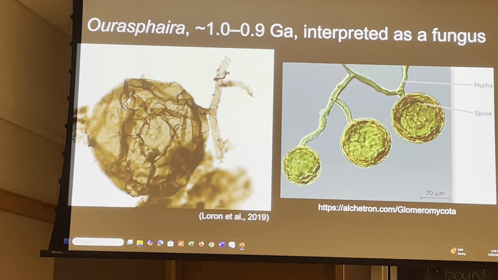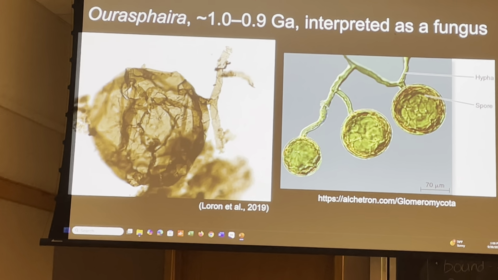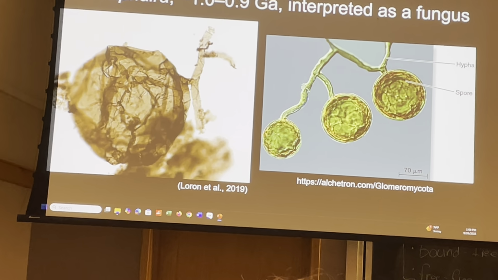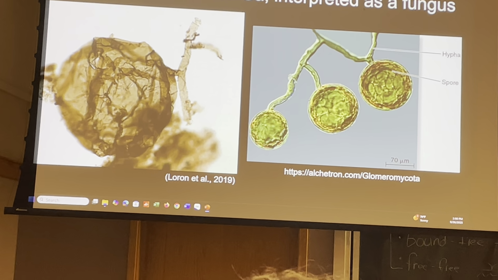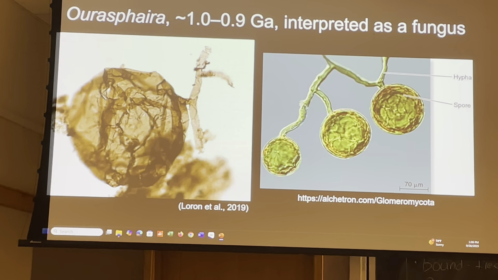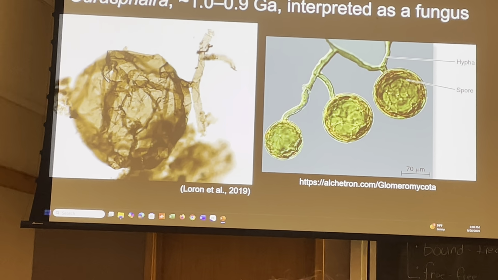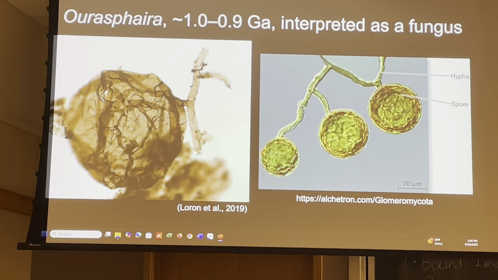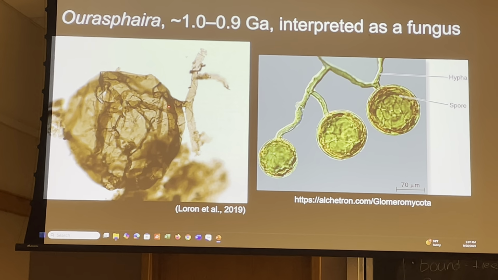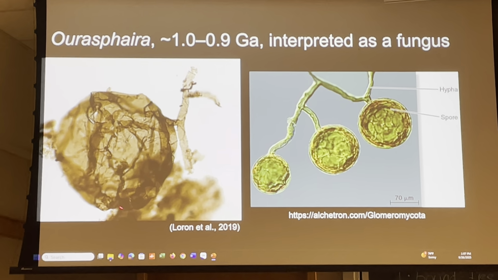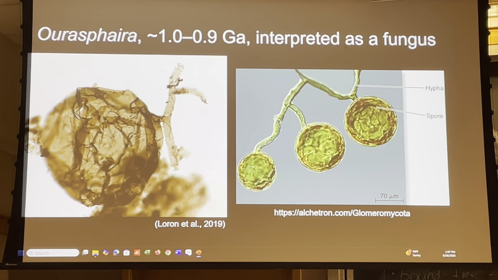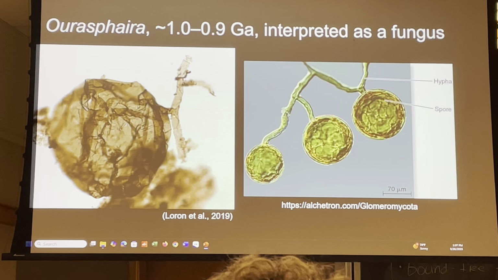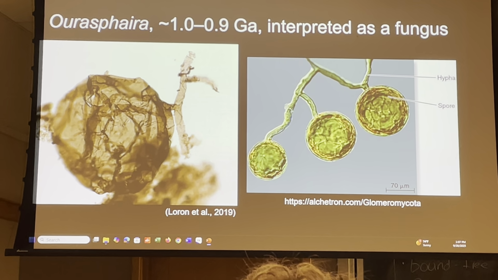Number four, so I've talked about yellow-green, a green and a red algae. Fungi also have a fossil record going back to 1 billion years ago. This is a recent study by Loron et al. So here is a fossil with a spherical structure that's compressed, that is attached to some filamentous structure.